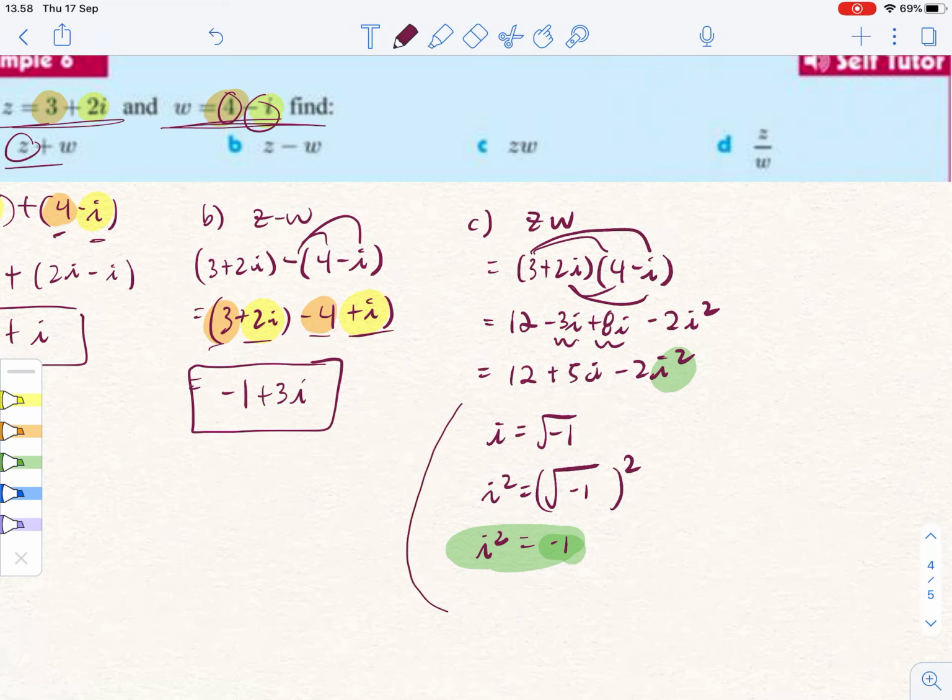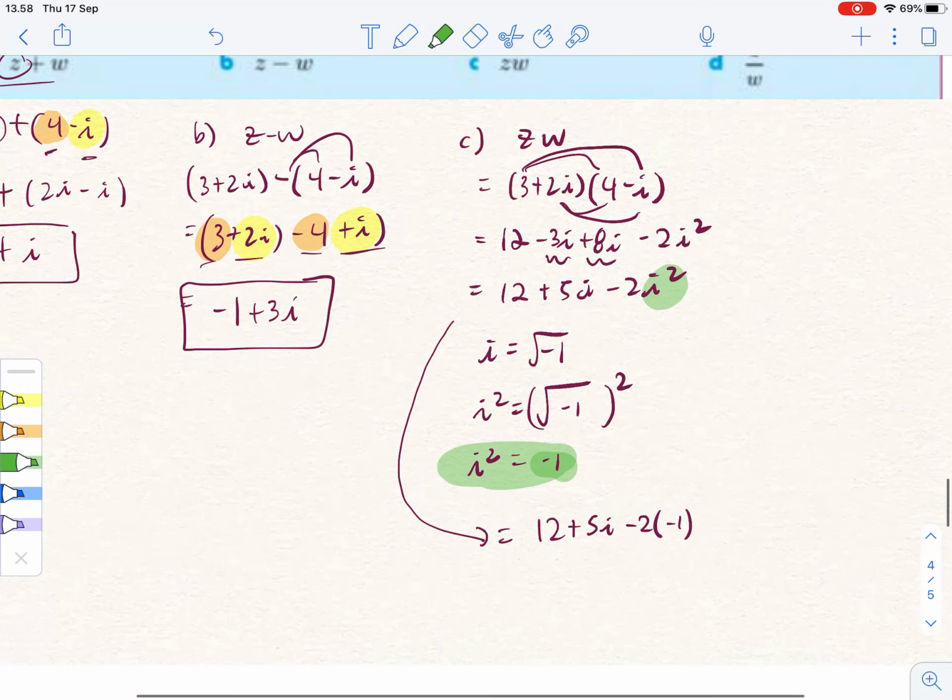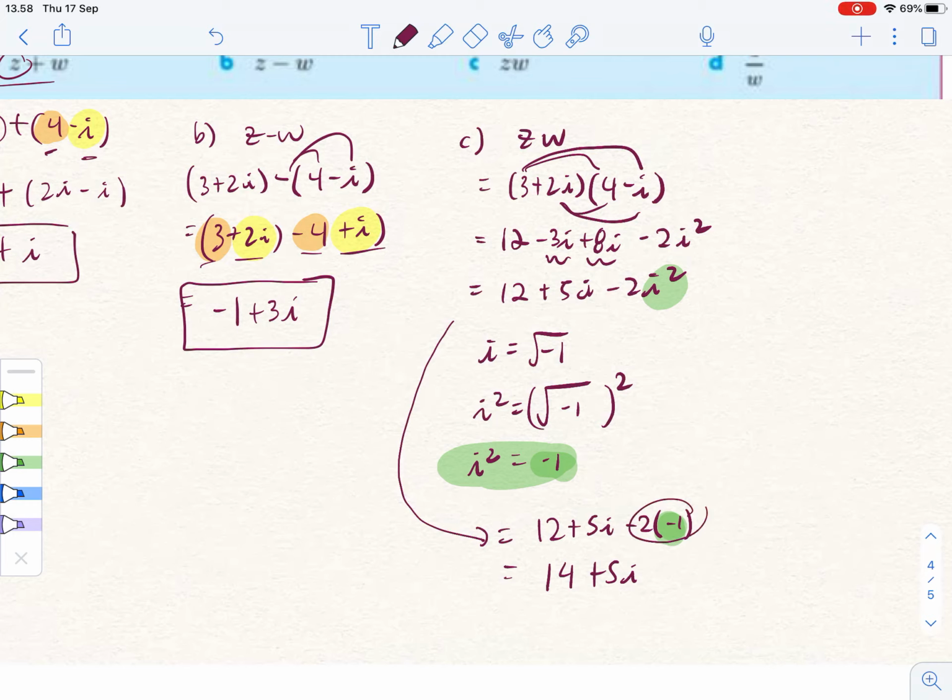And what we have here is 12 plus 5i minus 2 times -1. And then we simplify even further. So that's a positive 2. So that actually becomes 14 plus 5i, because this right here is a positive 2. So 12 plus 2 is 14. And there you have it.